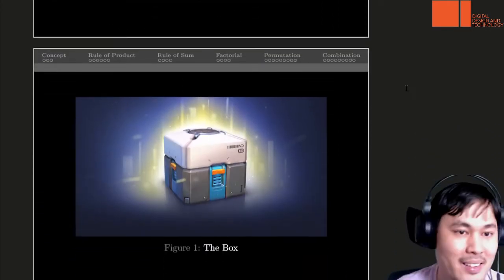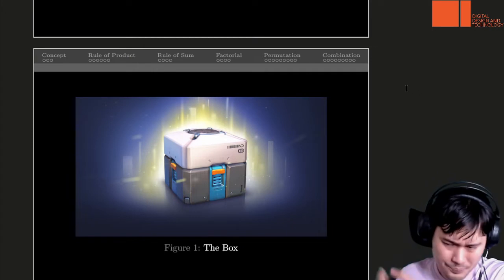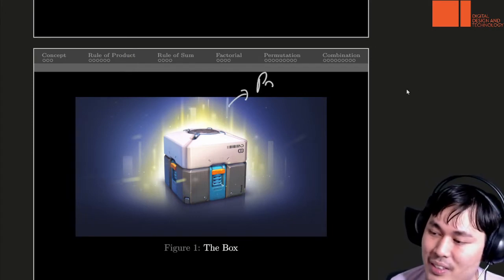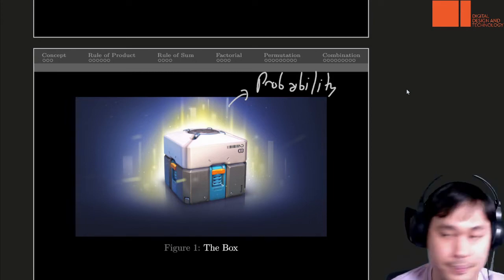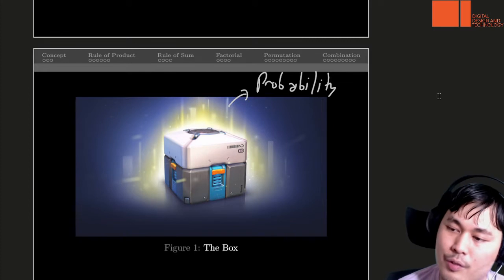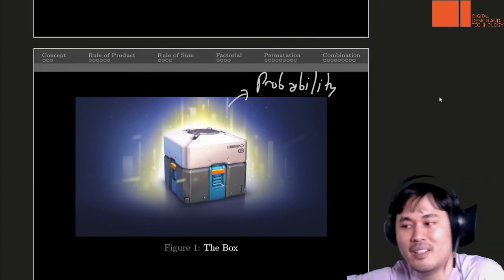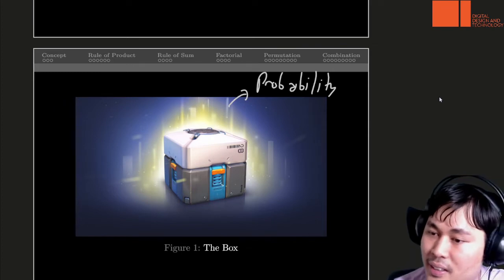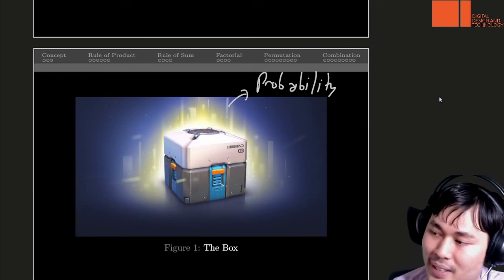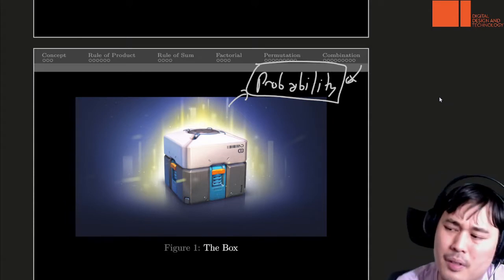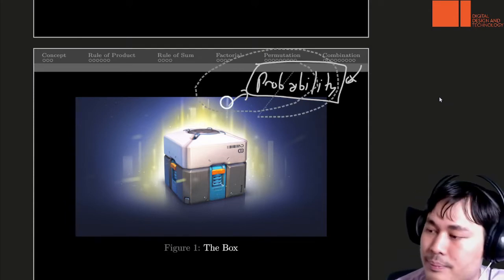So there's this box, but actually, this is meant for the next class, which is probability. The material for today is the base for studying probability.